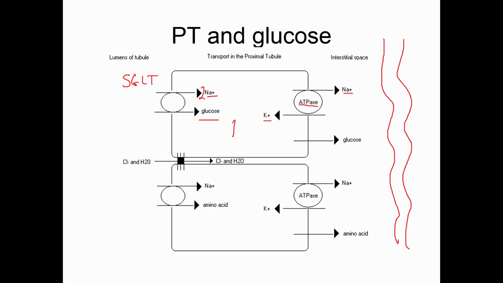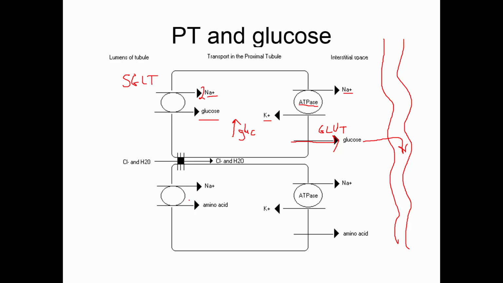So then we cause a glucose gradient to be made, and then that glucose can leave along a concentration gradient by a GLUT transporter. Then glucose can easily go into the peritubular capillary and be returned to the general circulation.